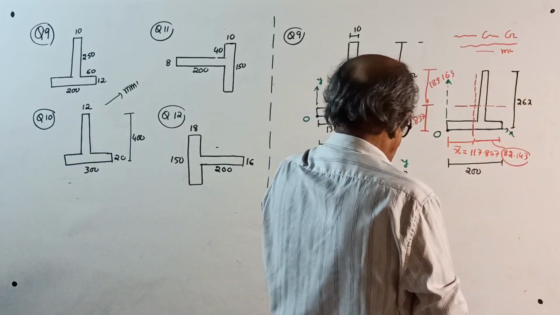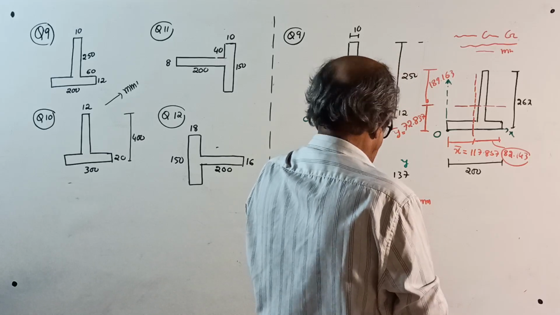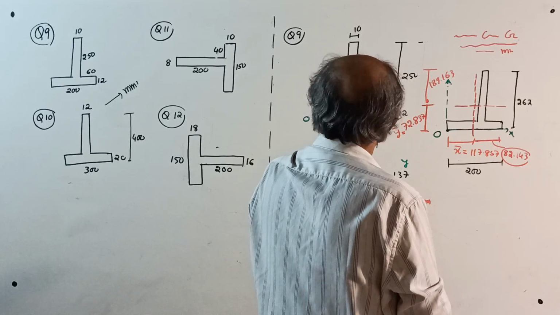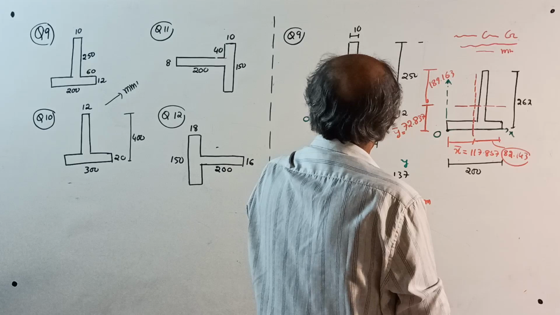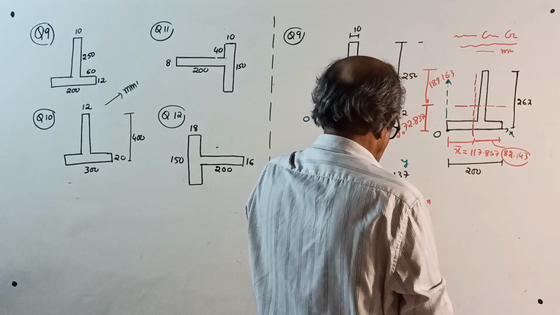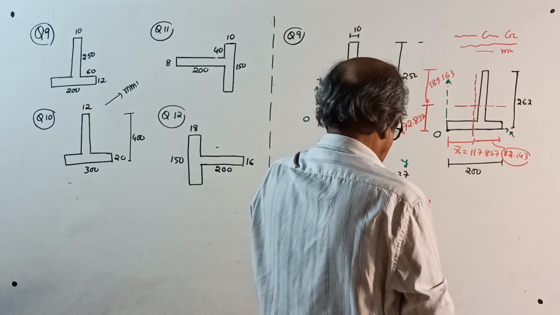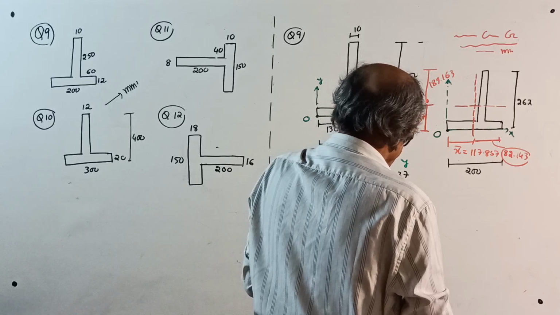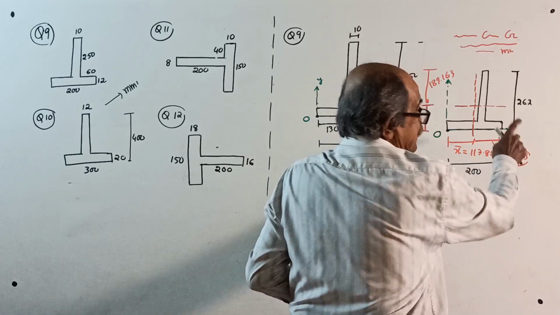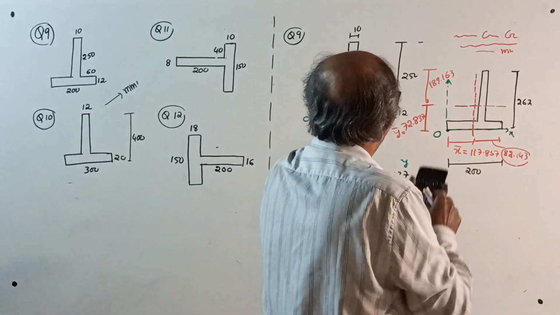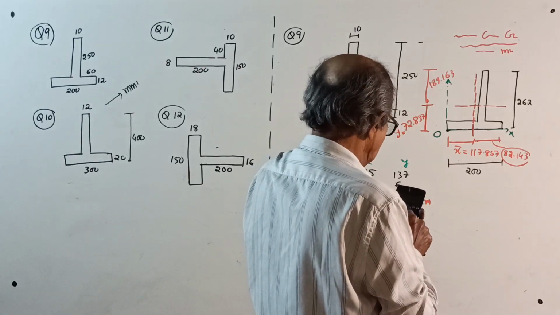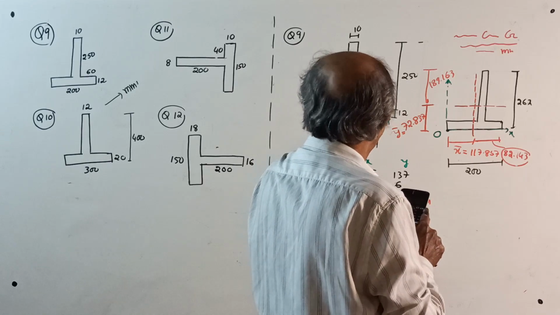Now I'll do one thing, I'll check from that side. If I check from that side, 200 into 12 into 100 plus one more is 10 into 250 into bracket, that offset is how much? 60. 60 plus another 5 divided by area, 4900. 82.143. Yes, 82.143, correct. I got a shock, I saw something else here. From top, if I do it, 10 into 262 square divided by 2, don't worry about square by 2.